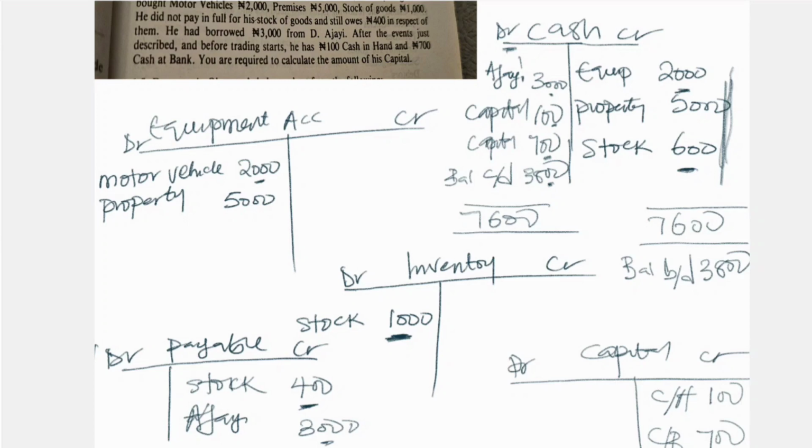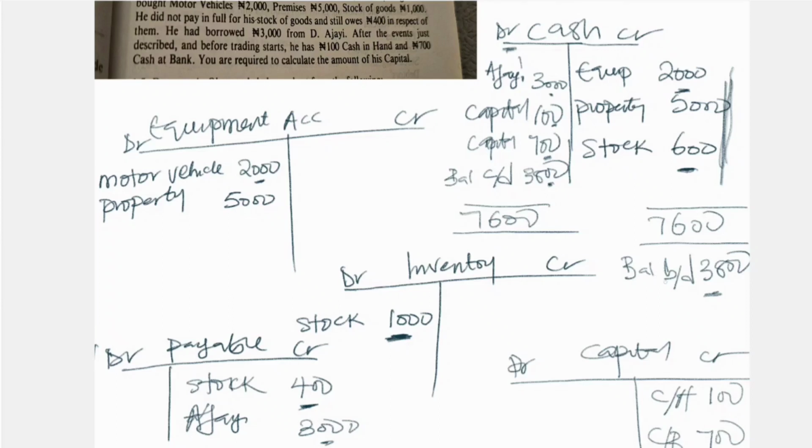So the balance brought down is 3,800 naira, meaning that the business doesn't actually have money. The business is running in negative accounts. Okay, they're kind of like in overdraft. All right, they do not have money in the account. This is a negative amount because it is on the credit side of our account.